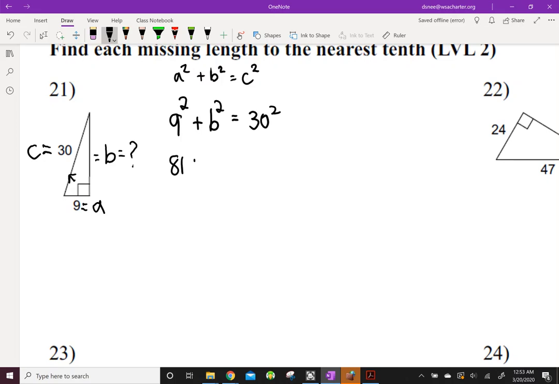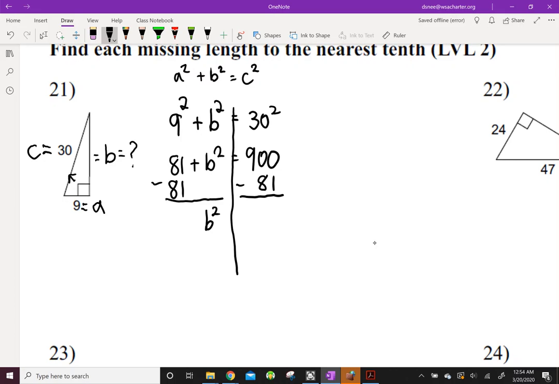So 81 plus b squared equals 900. And then we're just getting that variable all by itself. We're subtracting 81 from both sides, and we're left with 819. 900 minus 81 equals 819, and then the square root of 819.